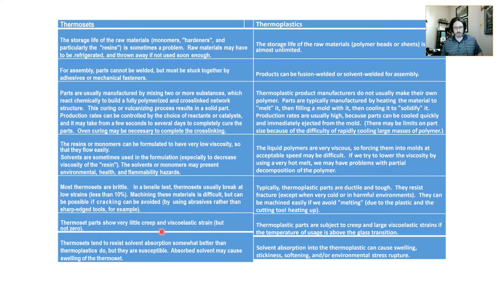What happens is thermosets don't exhibit creep or as much creep. This one says very little creep. However, thermosets are generally more brittle than thermoplastics, and so if you're using them by themselves, it's bad.